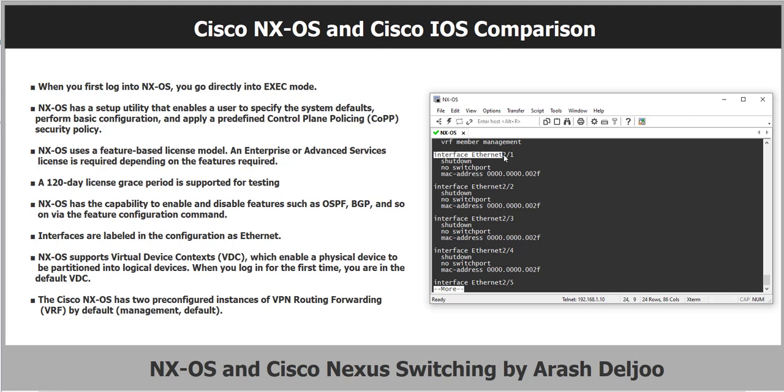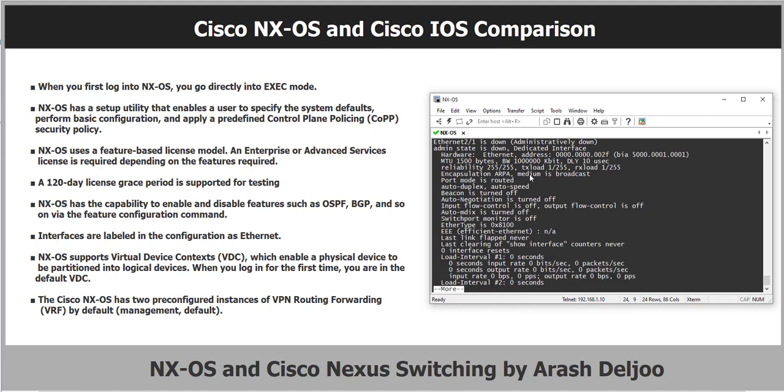There isn't any speed designation in the interface name. Interface speed is dynamically learned and reflected in the appropriate show command and interface metrics. For example, show interface Ethernet 2/1 can show us that this interface is a 1 gigabit per second interface.